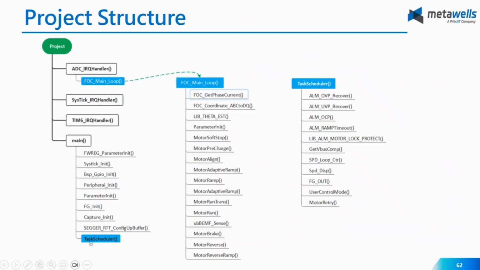And the next part is system tick IRQ handler. This handler is a built-in timer of the ARM Cortex M0. We use it as a divider for the main loop timing. Okay, the next part is main loop.